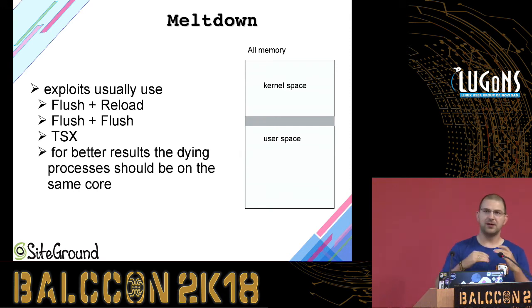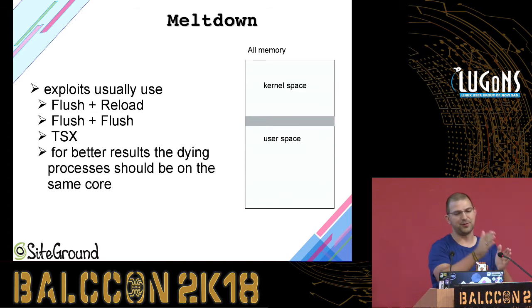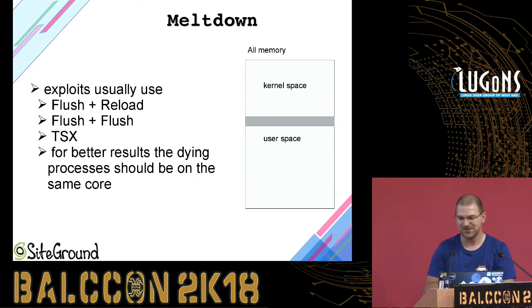In order to make Meltdown work better, you actually have to schedule the child process on the same CPU where the parent is, because this way the parent can access the same cache memory.